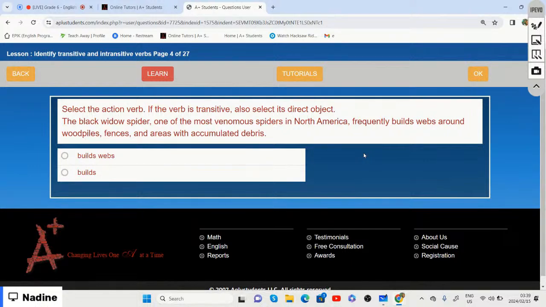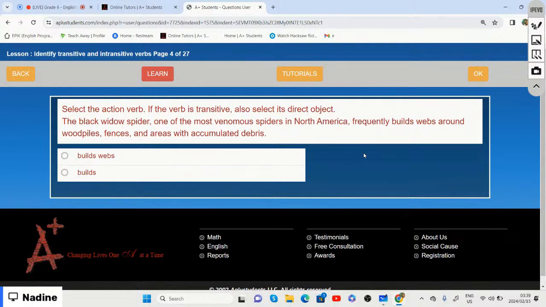The black widow spider, one of the most venomous spiders in North America, frequently builds webs around the wood piles, fences, and areas with accumulated debris.